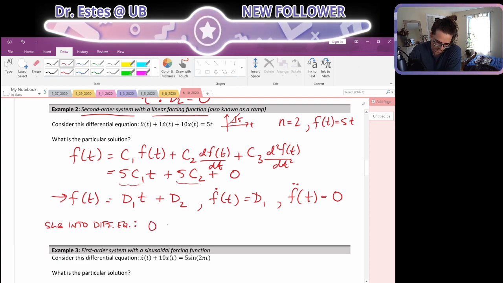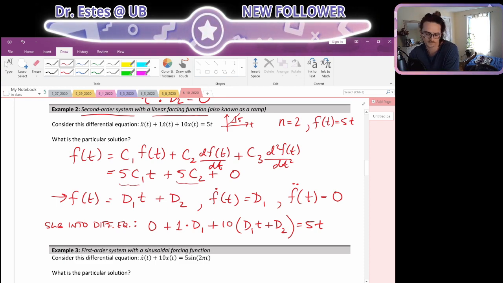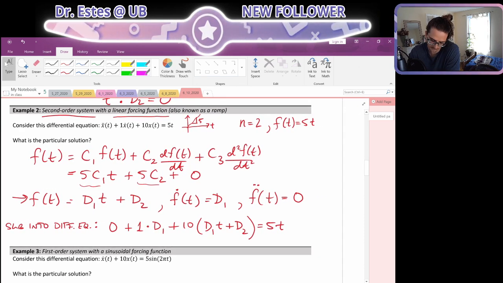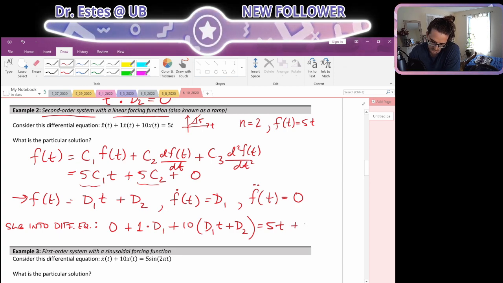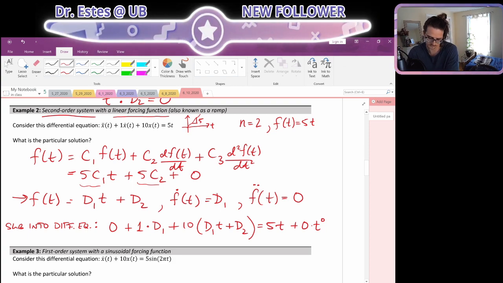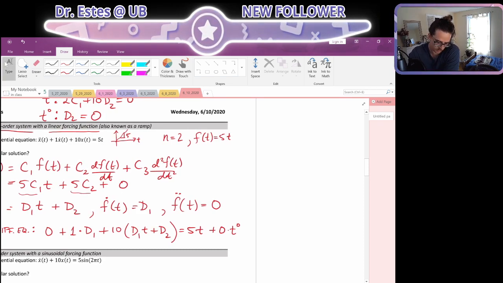So we're going to have 0 plus 1 times d1 plus 10 times d1t plus d2 equals 5t. And let's do plus 0 times t to the 0. Because I'm running out of room, we're going to go over to the side here.